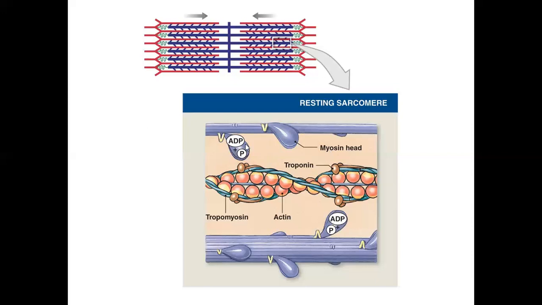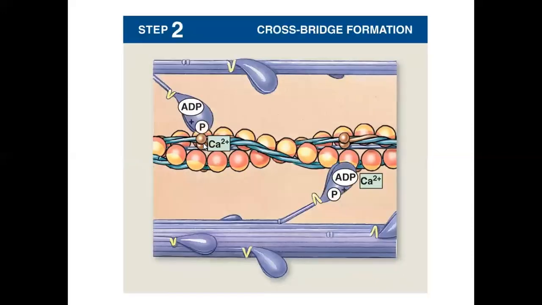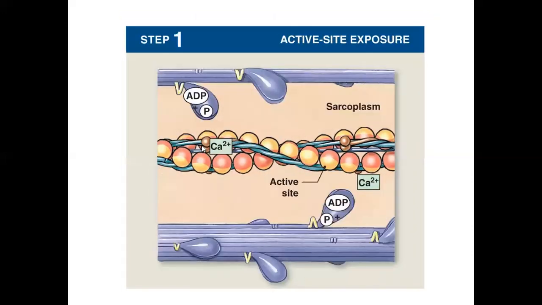Okay, so we have energized heads, we have inorganic phosphate, and we have ADP. Bring in calcium. The calcium binds troponin and uncovers the actin active sites, which can bind myosin. Because the head is energized, it's like a magnet.